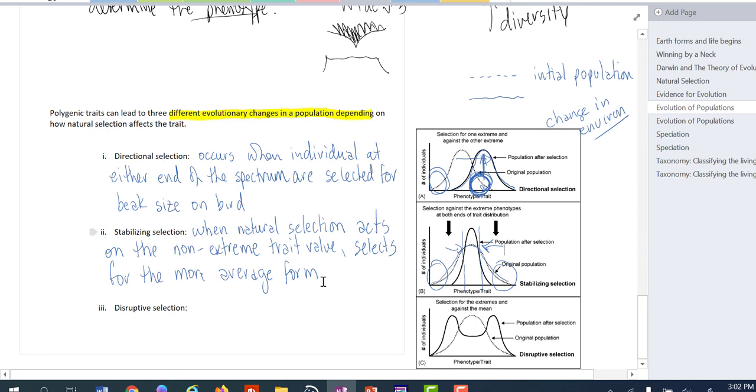The last one is what we refer to as disruptive selection. I don't have much space here down at the bottom, but in disruptive selection, individuals at the extremes of a particular phenotype are selected.